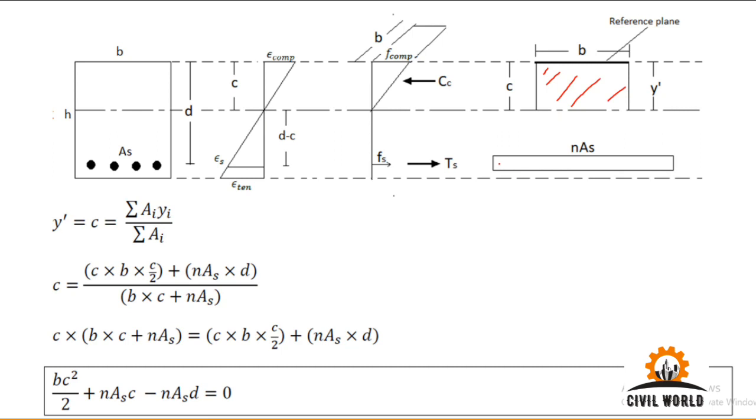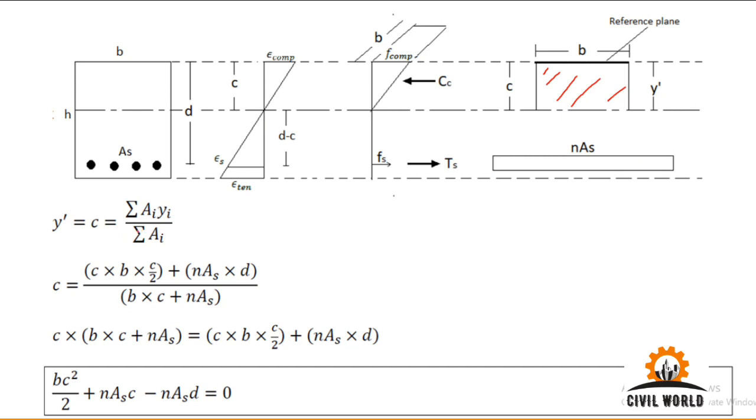Tensile stresses are taken by the steel, which is converted to equivalent concrete area by multiplying area of steel by the modular ratio. This is n into AS. n is the modular ratio, AS is area of steel, and we have redrawn this section having compression concrete and equivalent concrete taking tension.